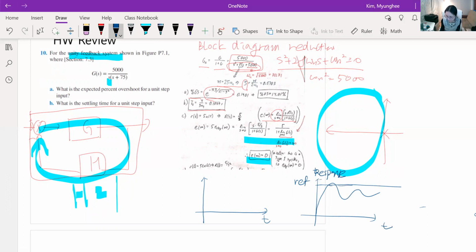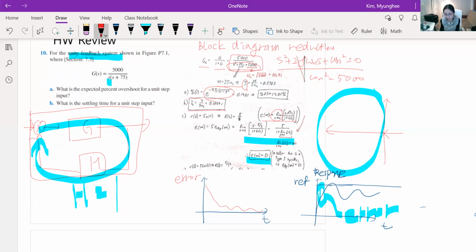So this is the error. In the beginning, the error will be very large. Let's say the y-axis is error.